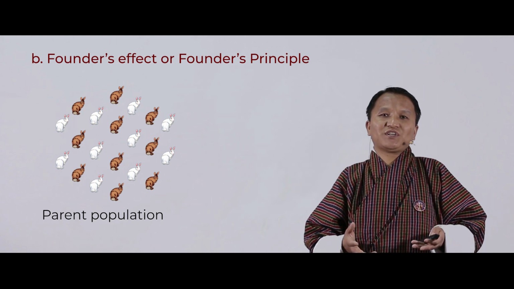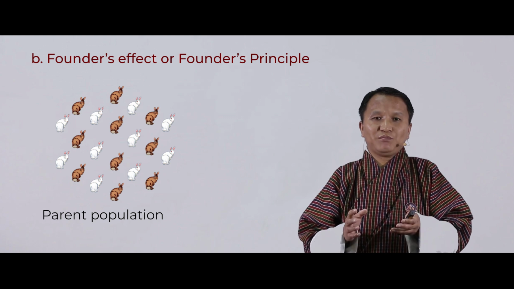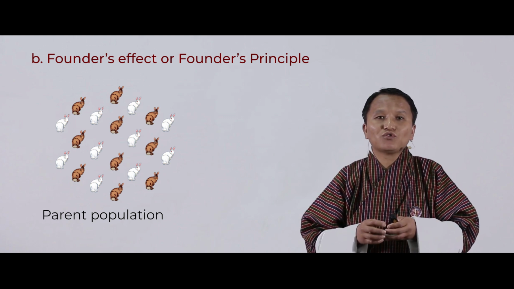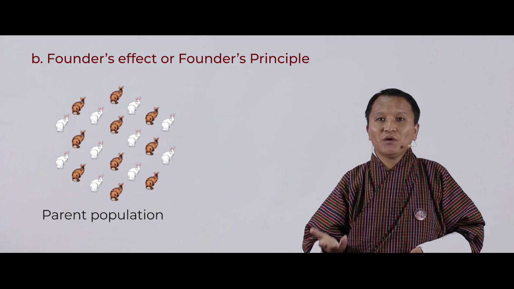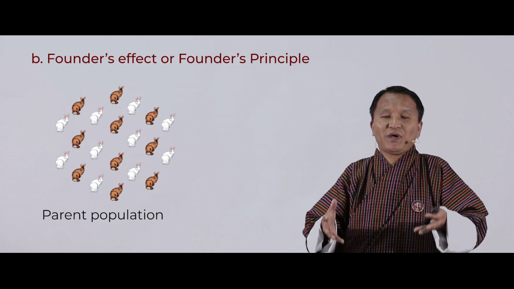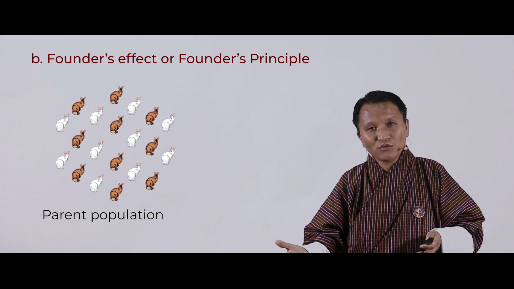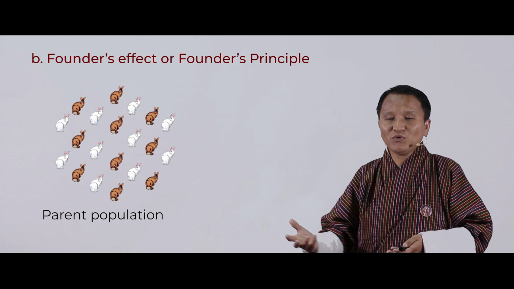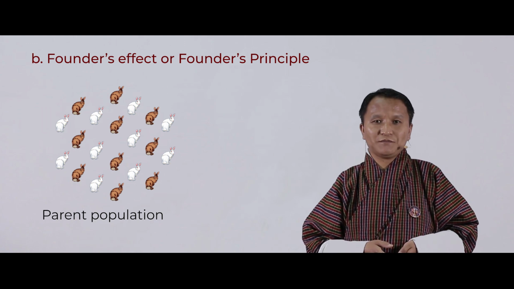Now, because of intra-specific competition, some of the rabbits may want to move out of the parent population and establish a new population for so many reasons. Maybe the competition within the parent population is so high that they are forced to move out. Or maybe they might have found a better place where the resources are better.